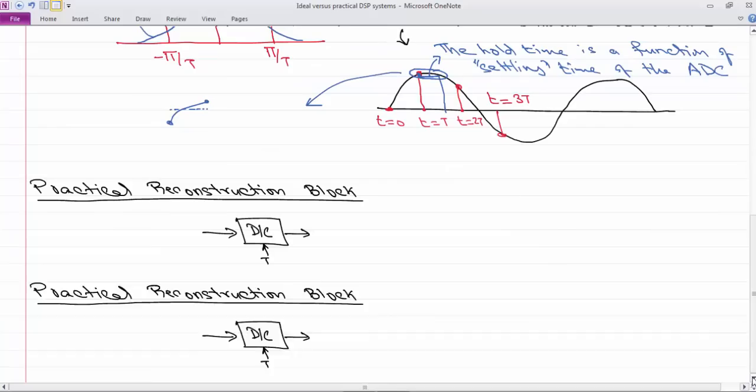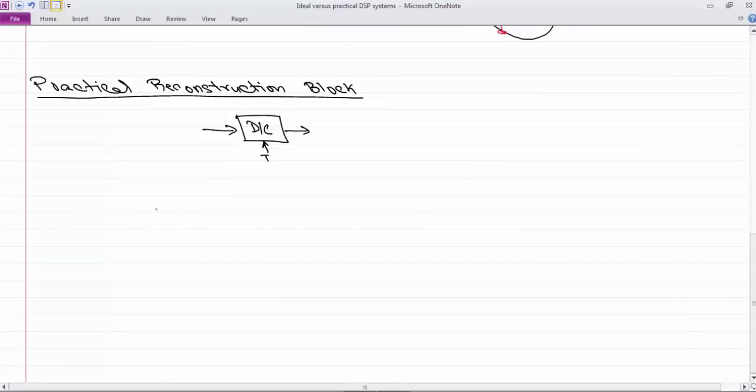Now again, this block can be expanded into, so if the output is a sequence y[n] and the continuous time is y_r(t), in reality, what are called DACs or digital to analog converters, they get back a sequence and then they have something called a zero order hold circuit.